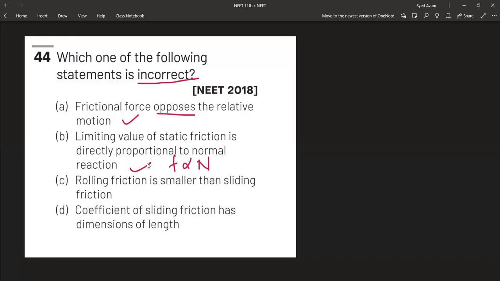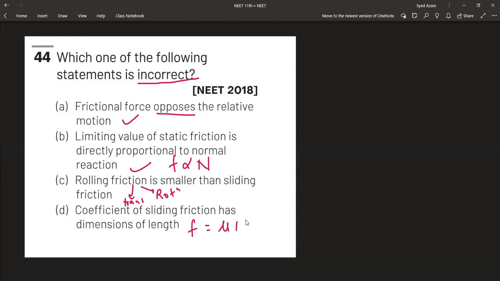That is the law. So this is also right. It says rolling friction is smaller than sliding friction. Correct. Rolling friction, because in rolling you have both the components of translation and rotation. So it is lesser. Coefficient of sliding friction has dimensions of length.